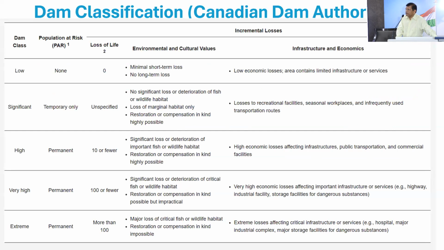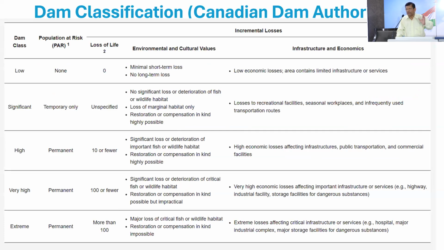First of all, we have to have a dam classification. Why is this important? This is one classification by the Canadian Dam Authority, CDA. Every country or state has its own, but they are similar kinds of classification. We start with a very low level.